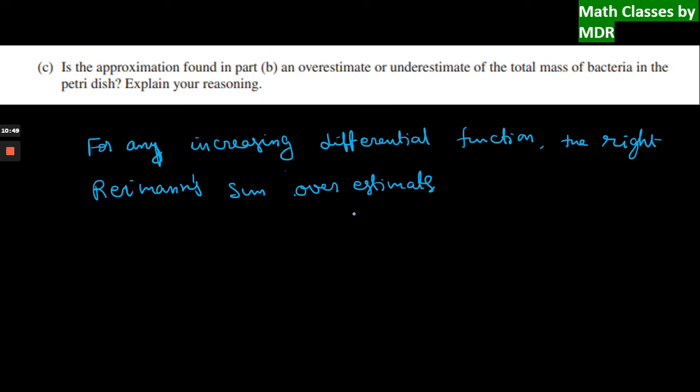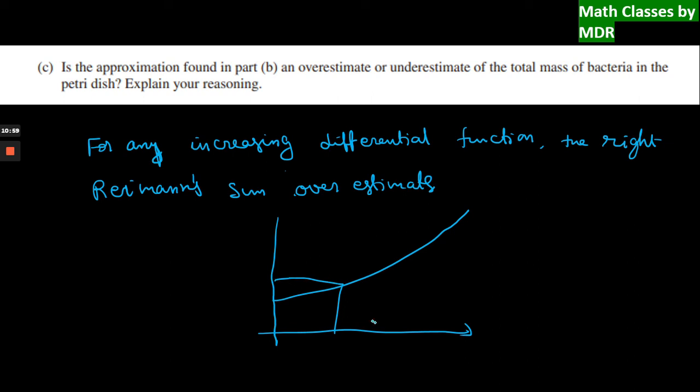So for an increasing differentiable function, how would it be? It will be like this. And if you take the right Riemann sum from the right hand side, you can see here, it always overestimates the function.